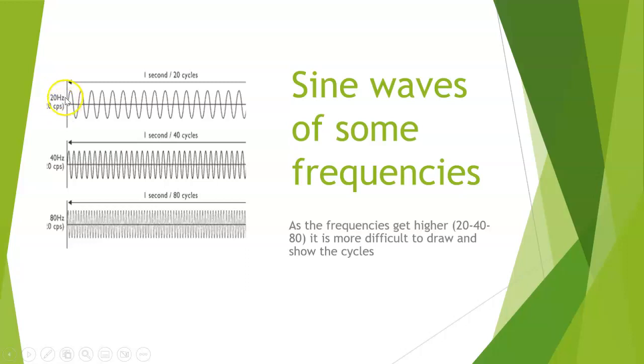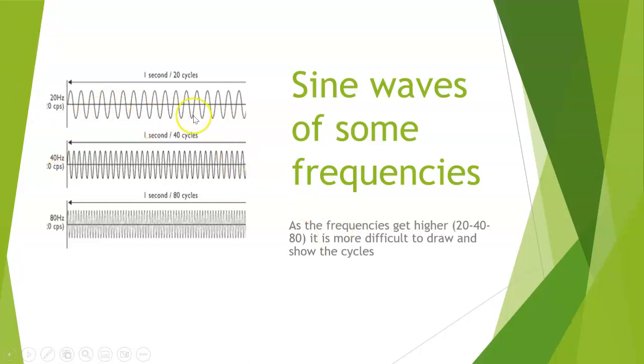The sine waves of some frequencies. At 20 hertz, we can still look and count these frequencies. We can count the compressions and rarefactions to get the total number of frequencies. So we can easily do that from frequencies 1 through 20.